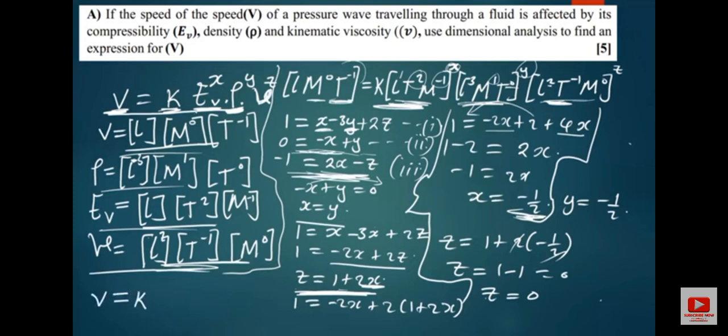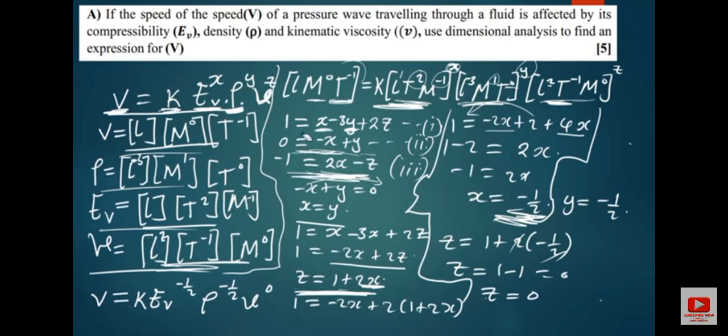Then the power of compressibility there is x, and x has been found to be -1/2. So we say EV to the power -1/2, and then the density is also raised to the power y, which is -1/2, and then the kinematic viscosity is raised to the power 0, which is just the same as 1.